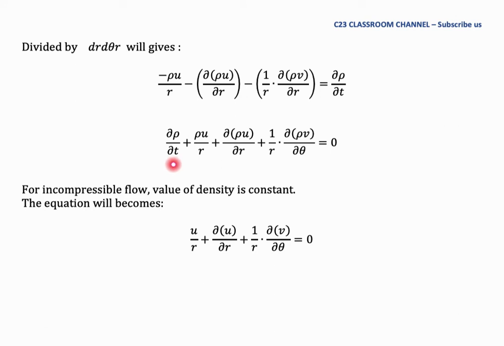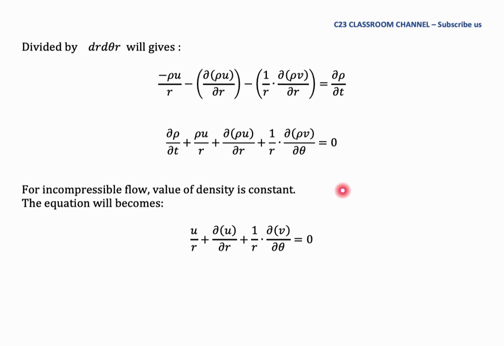So it's del rho over del t plus rho u over r plus del rho u over del r plus 1 over r del rho v over del theta is equal to 0. Please remember that the continuity equation must be equal to 0.